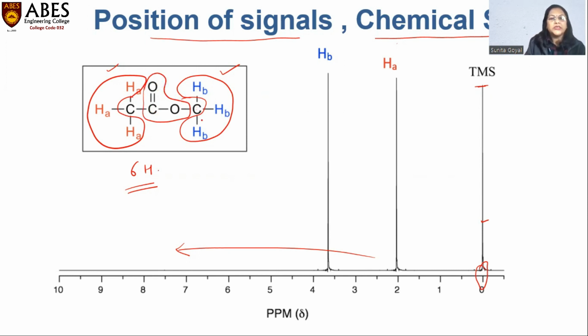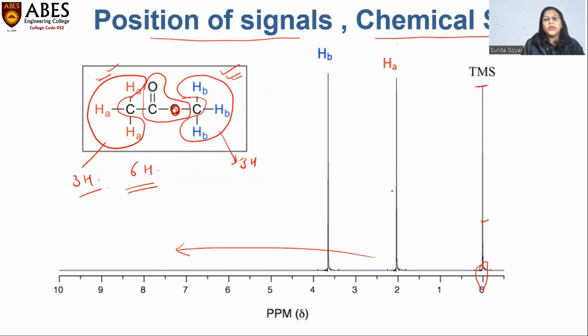Due to this oxygen, these protons are closer to it, and these protons are comparatively shielded than those near this oxygen. Therefore, these are the shielded protons, while these are the de-shielded protons.